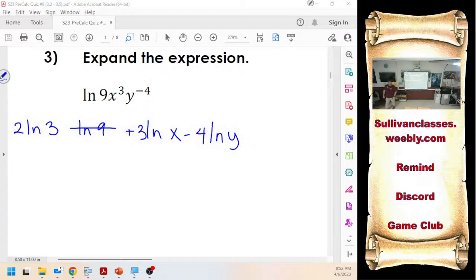The very first thing that I would do on the expand problem is if you see a coefficient in there, if you see any numbers, break them up by prime factors first. Go prime factor tree if you have to. If you're fortunate, you might have a TI-36 on hand where you can just hit math 4 and it does prime factorization for you.